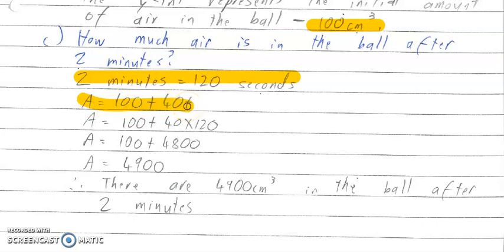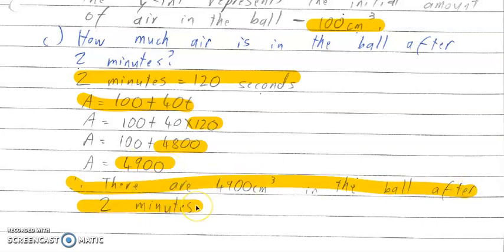Then I replaced the letter T with 120. So 40 times 120 gives me 4,800. 100 plus 4,800 is 4,900. And of course, remember, this is a worded question, so you need to give me a worded statement at the end. There are 4,900 cubic centimeters of air in the ball after 2 minutes.